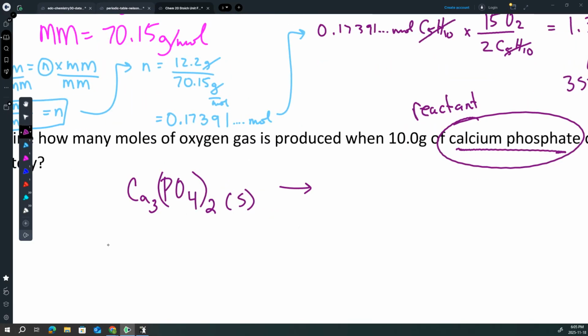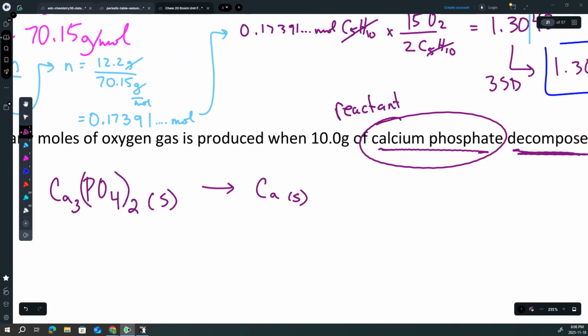So the elements that make this up are calcium, which is a metal, and at room temperature, that's going to be a solid. Plus, we have phosphorus. Remember, whenever phosphorus is by itself, it's a polyatomic element. And whenever it's by itself, there's 4 of them together. And phosphorus is also a solid at room temperature.